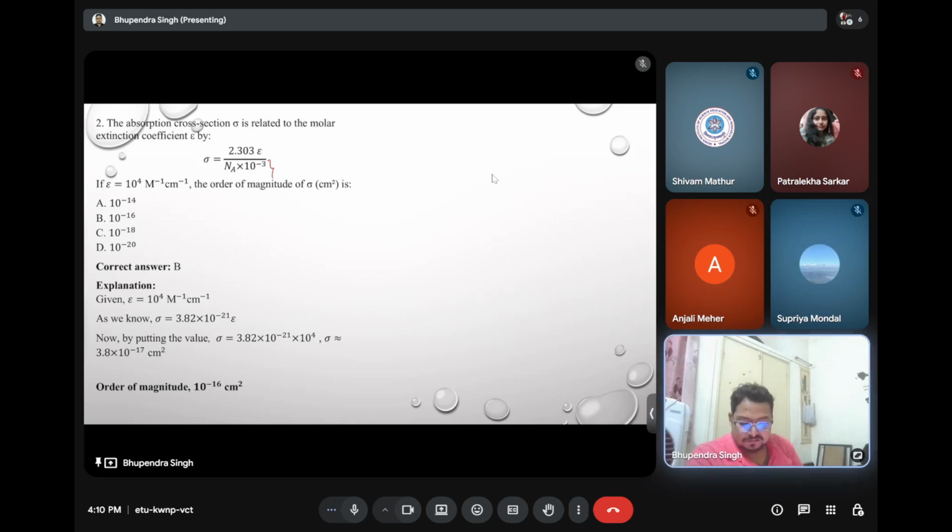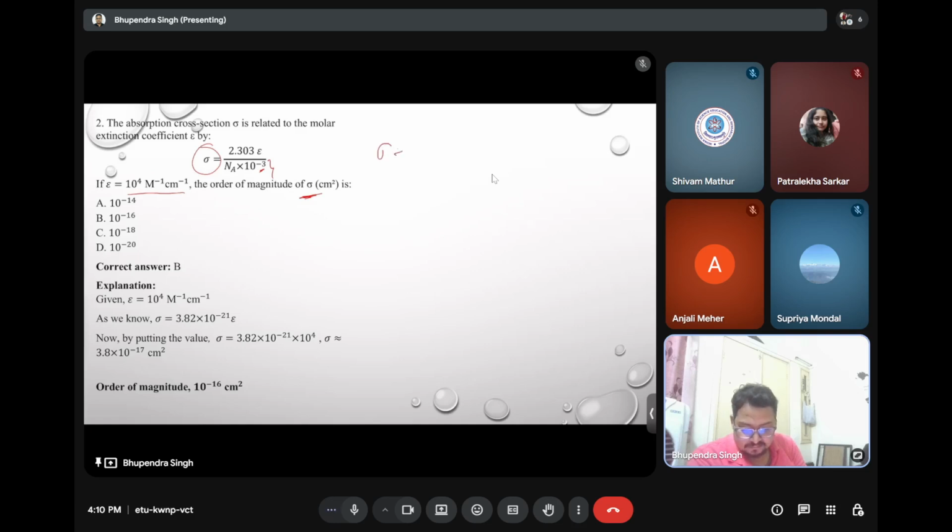The correct one should be minus. The value of epsilon is given, and we have to calculate sigma in centimeter square.